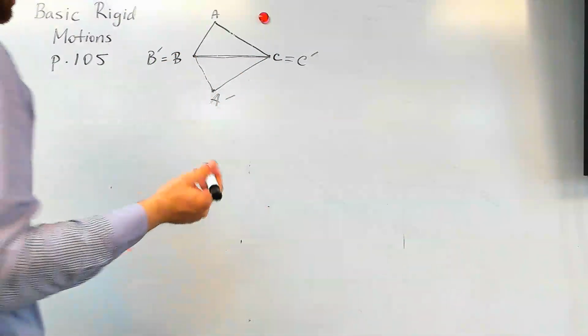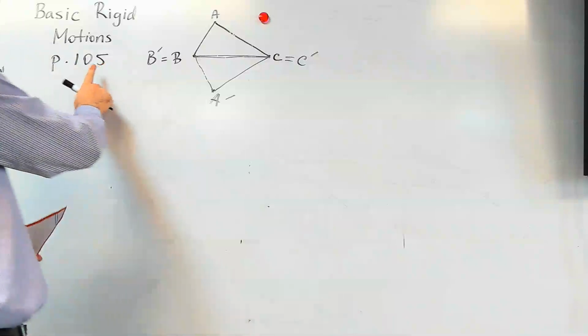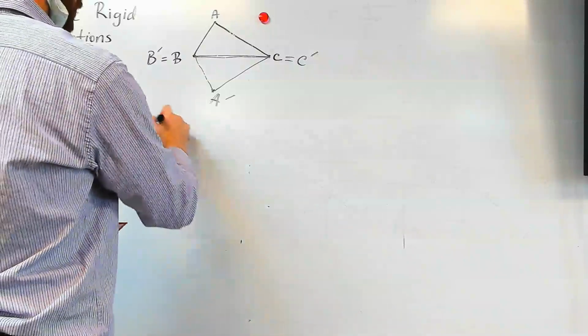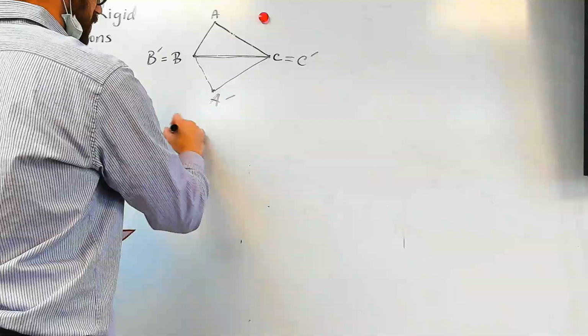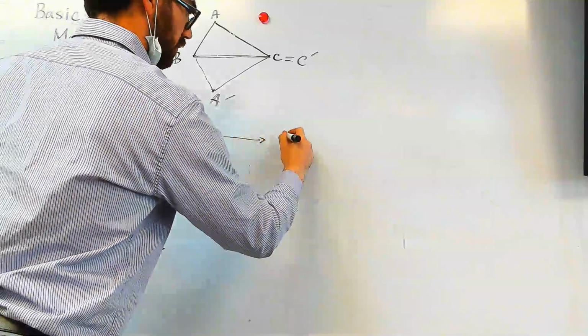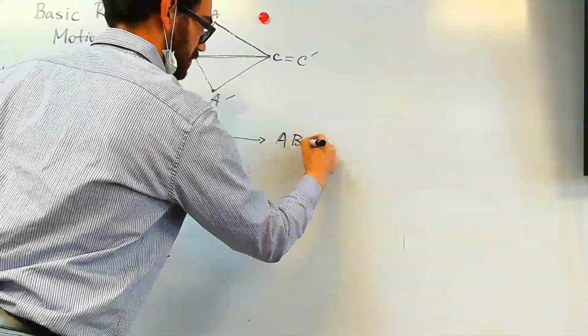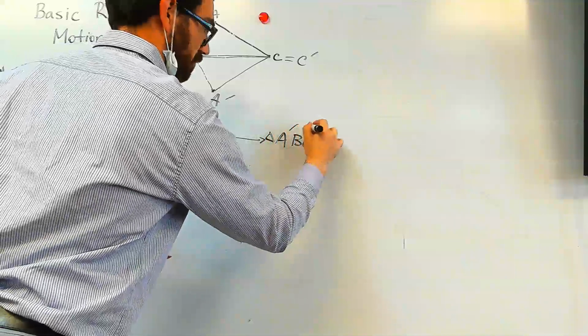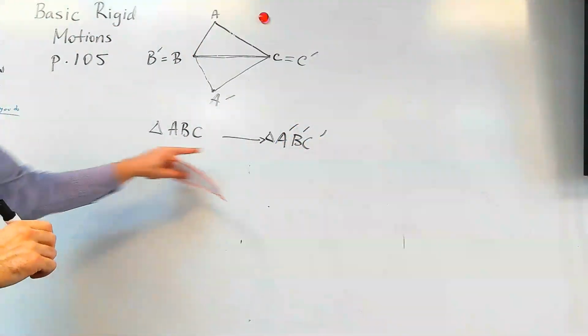So my question is, how do we do a basic rigid motion from triangle ABC to triangle ABC prime? How do we get from here to here?